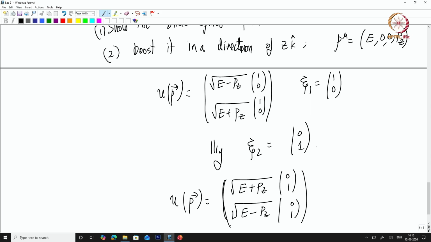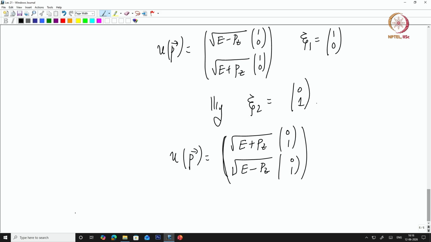So, this way you can write down the plane wave solutions of the Dirac equation, and similarly you can write similar expressions for negative energy solutions.